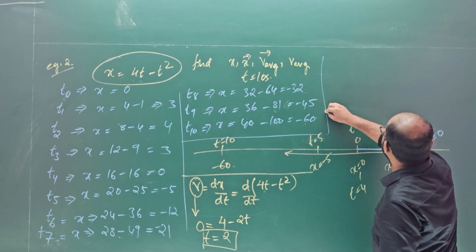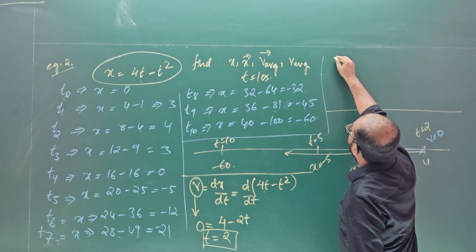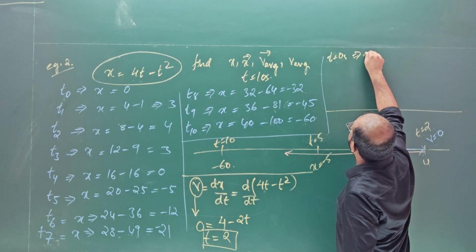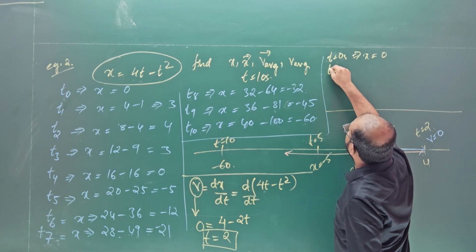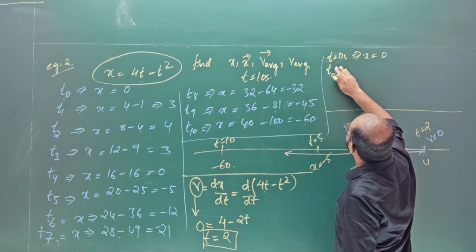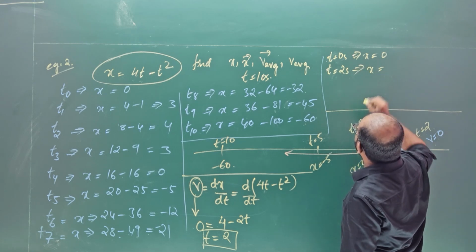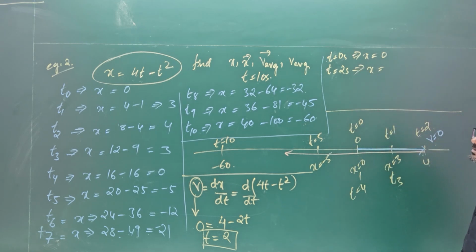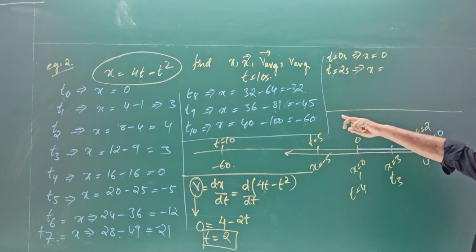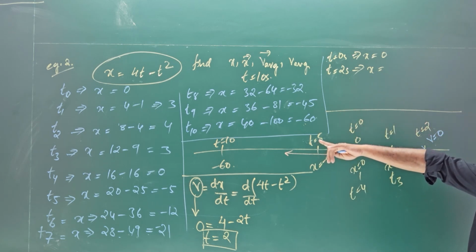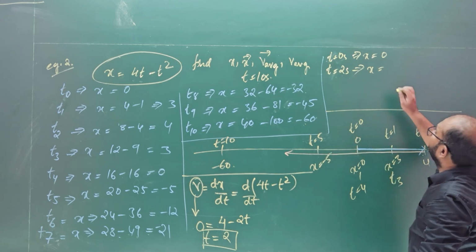Now let us try to understand. At t equals 0, where is the body? X is also 0. At t equals 2 seconds, x is how much? Just substitute in that. At t equals 2 seconds, how much? 4.